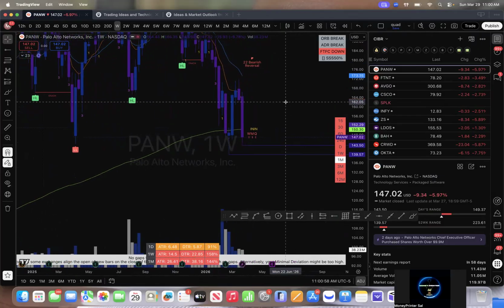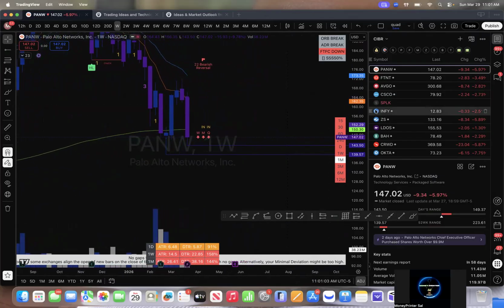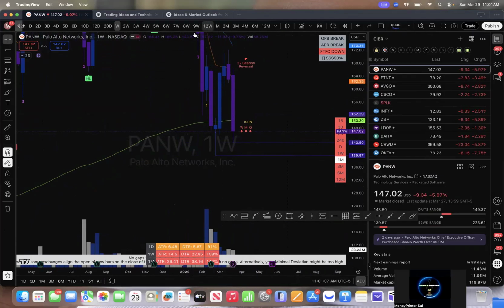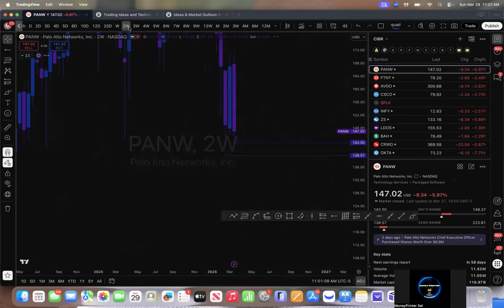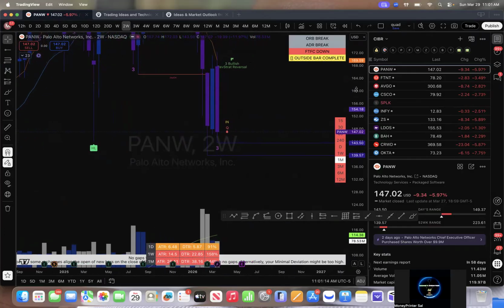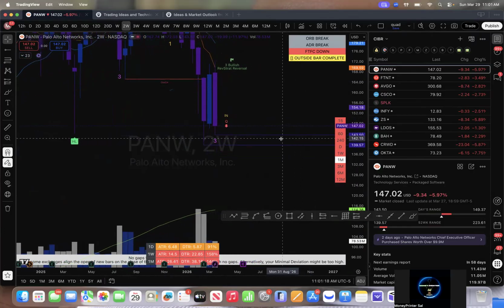This is the cyber one. So realistically, I would swing this. It's not a Strat actionable signal, but you could probably swing it out for a week or two, give or take, because you would be looking for a 3-2 continuation to the downside.